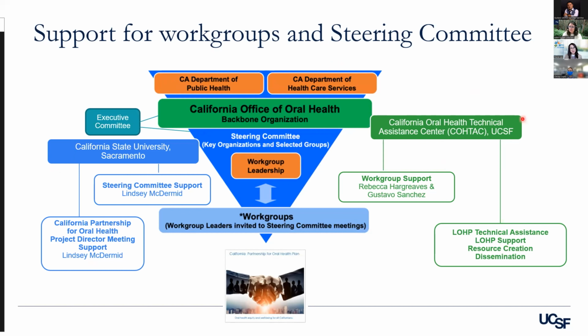And of course, we have the amazing UCSF COHTAC that really houses the website for our resources and helps support all of our work groups. And then we have this other blue triangle, which is the steering committee. That includes organizations across California working together. And our chairs are Dr. Paul Glassman at CNU and also Eileen Espejo of Children Now. So they help chair that.